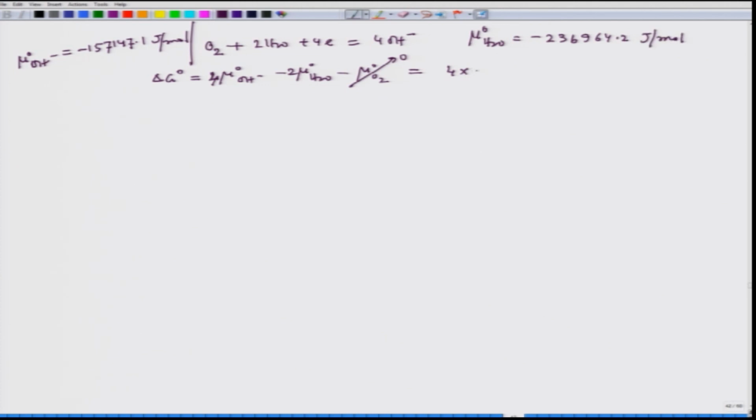Then this becomes minus 157,147.1 minus 2 into minus 236,964.2.